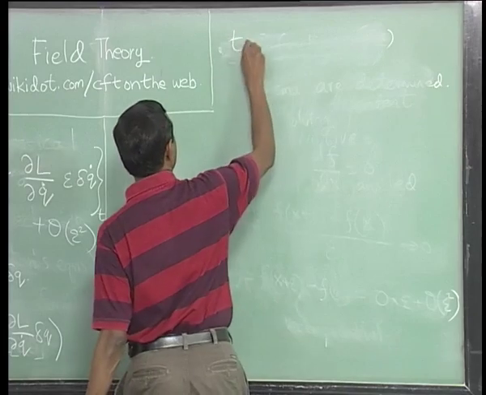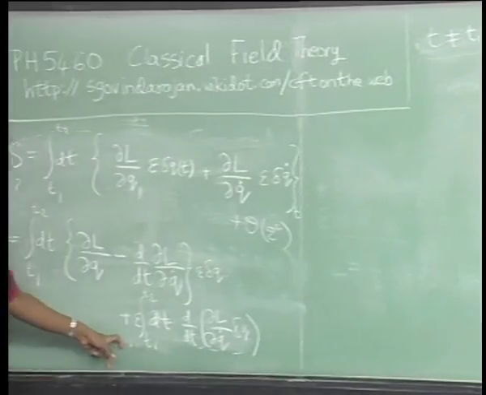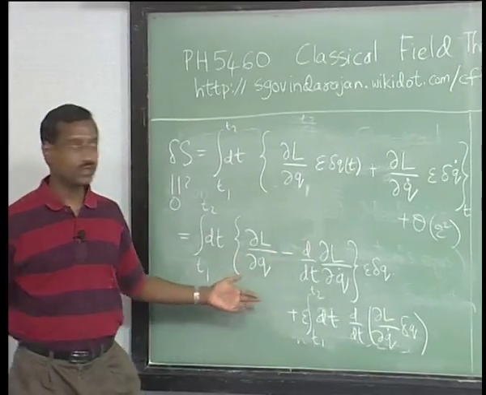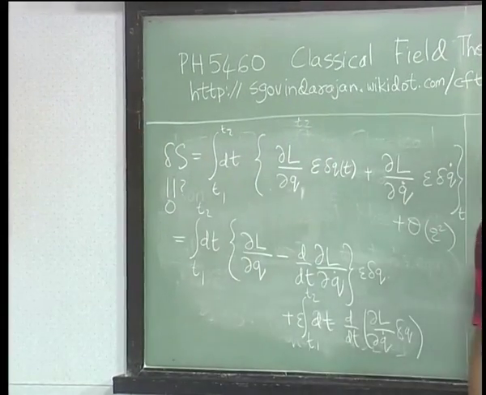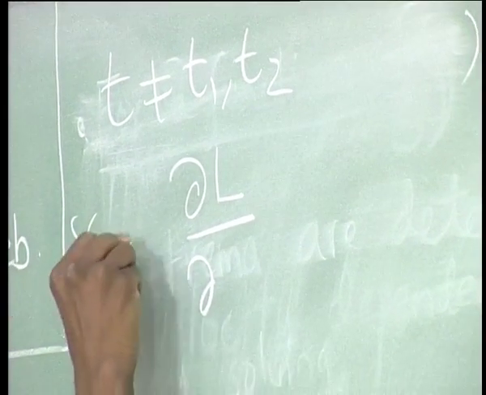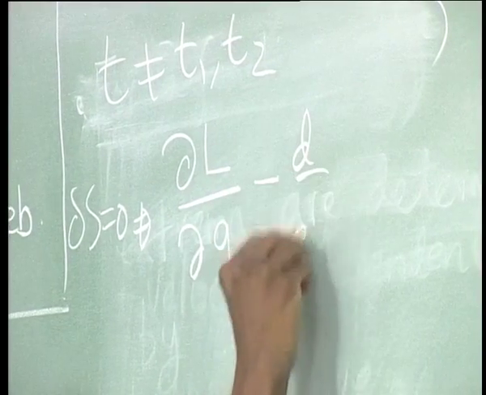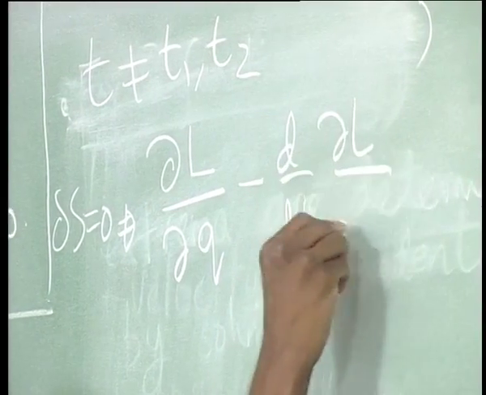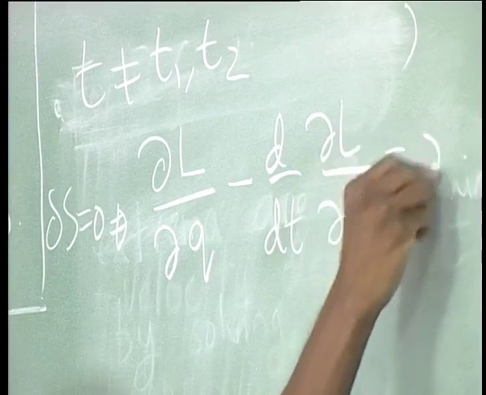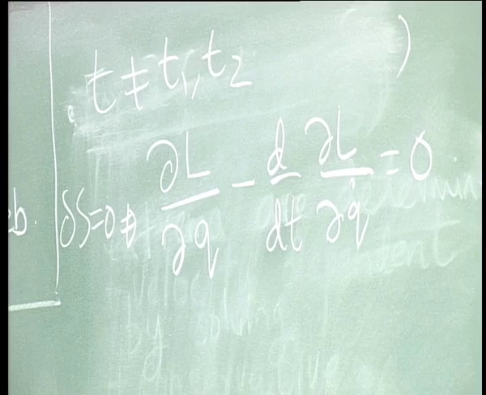So let us look at when t is not either t1 or t2, then this term does not contribute, so only these terms contribute, and you can see that we get dL delta S equal to 0 implies dL by dq. Okay.